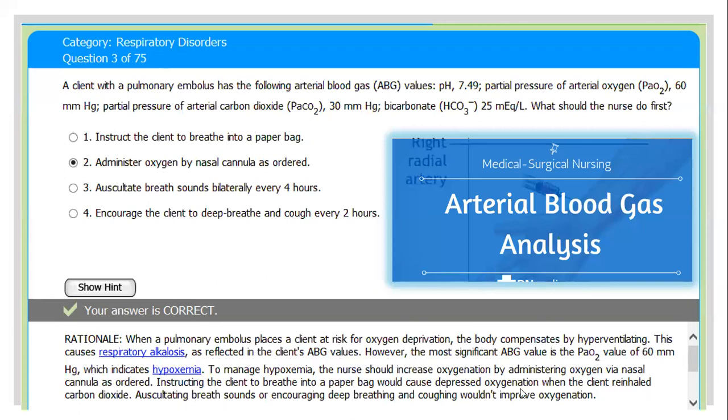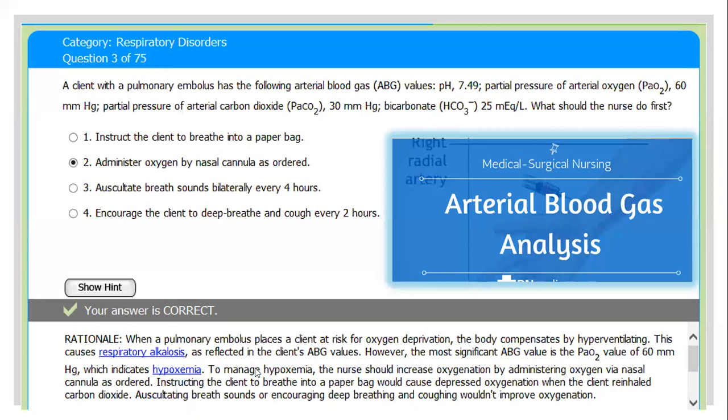However, the most significant arterial blood gas value is the partial pressure of oxygen, and it is below 60 millimeter of mercury, which indicates hypoxia, right? The oxygen saturation we can also get by pulse oximetry. It also helps you identify whether your patient has hypoxia or not, right?